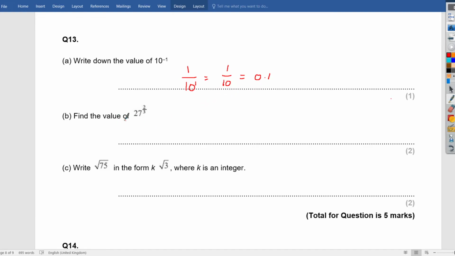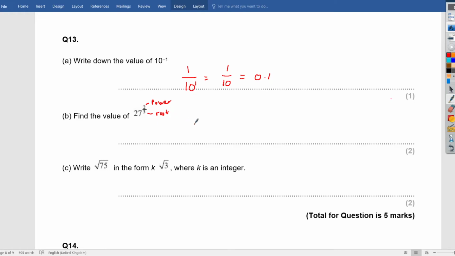Or that. This one, basically the way I do this is when it's a fraction as a power, the top number I call the actual power, and the bottom of the fraction I call the root. So this 3 here at the bottom means cube root, and the 2 there means the power squared.